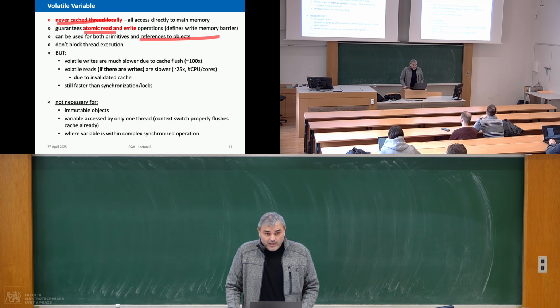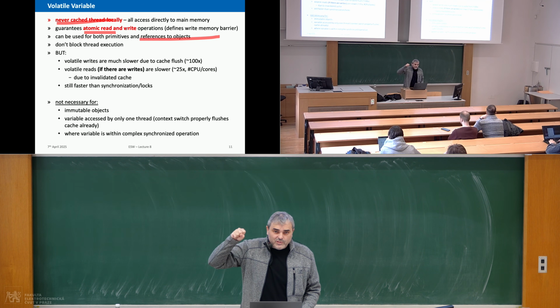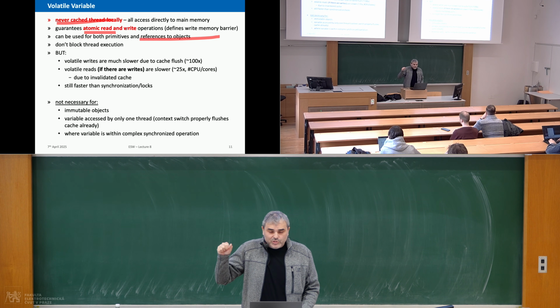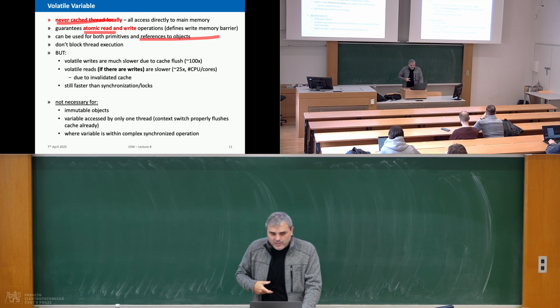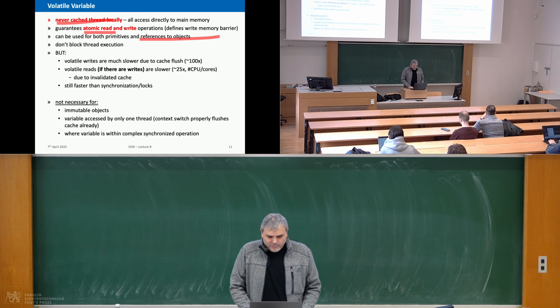It doesn't block thread execution. It can consume more CPU cycles because that lock prefix causes a flush of the caching, and depending on the amount of data modified locally, it consumes some CPU cycles, but that's not blocking from the perspective of locks. On the other hand, these writes are much slower than standard writes, so that's the reason why you should not put volatile everywhere.